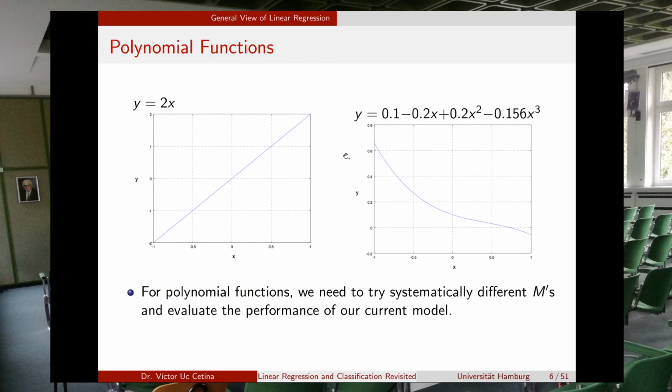But if we were talking about a neural network, for example, we would need to try different topologies of the neural network, different numbers of layers, different activation functions, different numbers of neurons in each of the layers, etc. So we always need to experiment with different models.